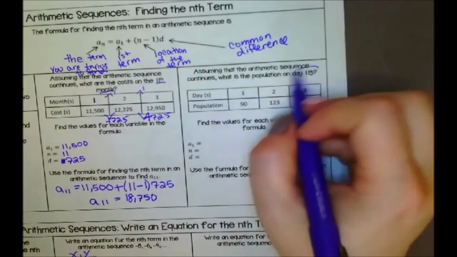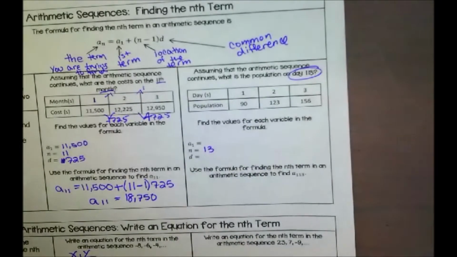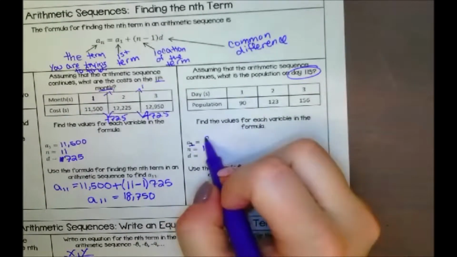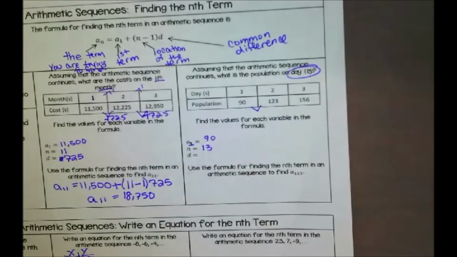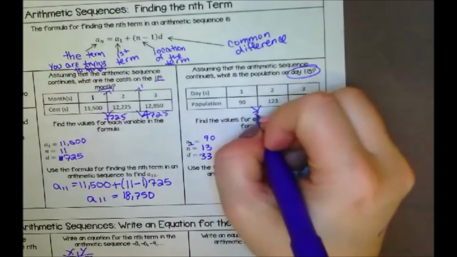So then this one, you want to know on day 13, so that's the nth term that I'm looking for. The nth term is the unknown term, so the 13th term. The first term is 90. The common difference is 33.